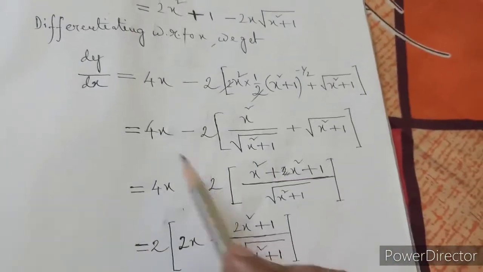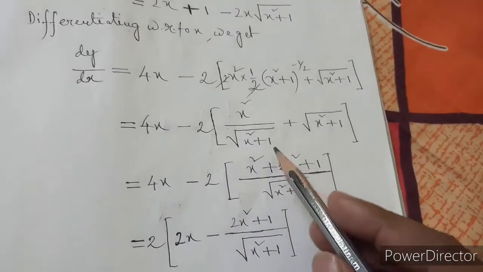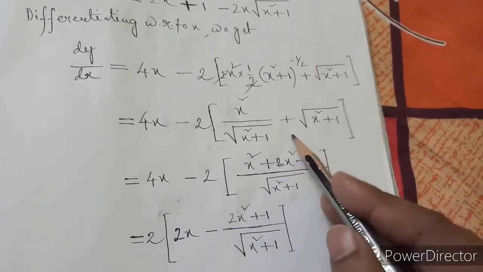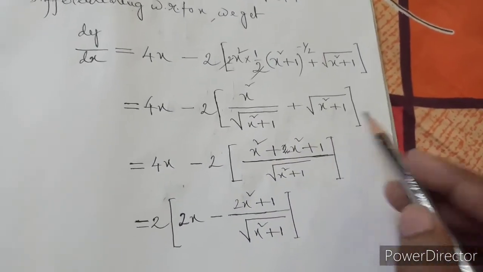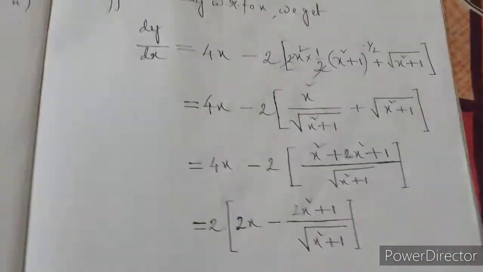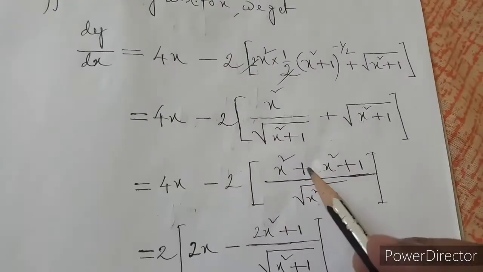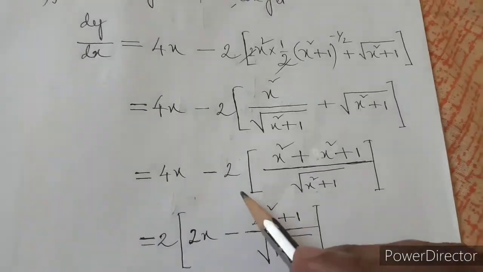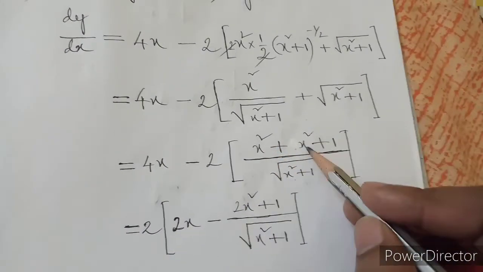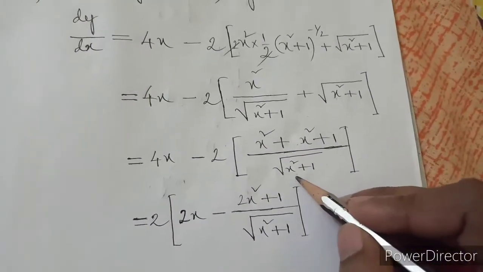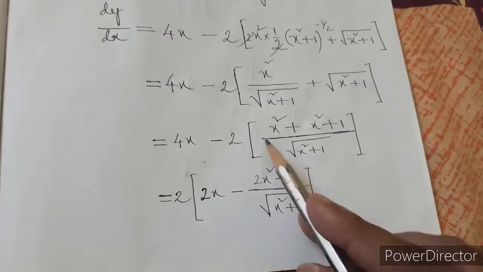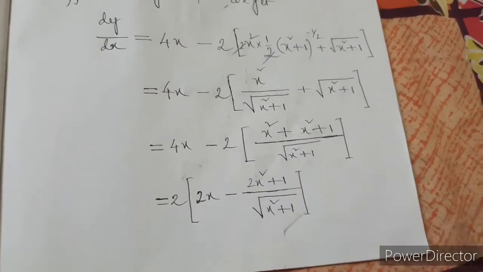So 4x minus 2 into (x square by root under x square plus 1 plus root under x square plus 1). After simplification, we got 4x minus 2 into (2x square plus 1) by root under x square plus 1. So it is your answer.